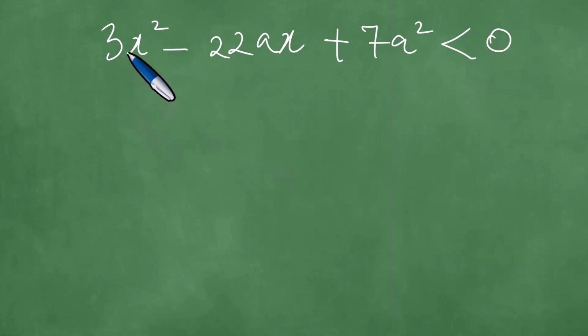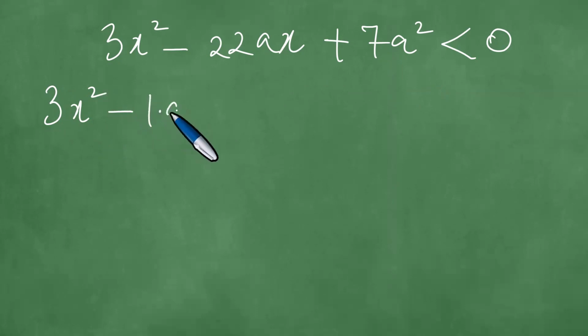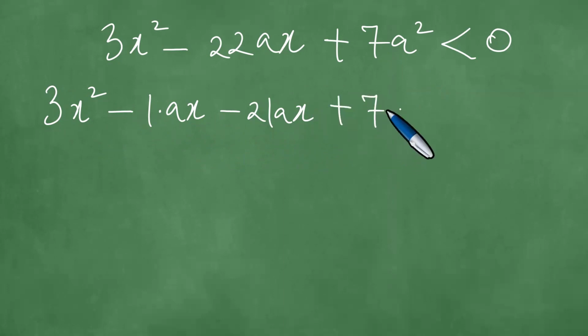Right, so when you multiply 3x squared by 7a squared, we're getting 21x squared a squared. And therefore, this is 3x squared minus ax minus 21ax plus 7a squared is less than 0.